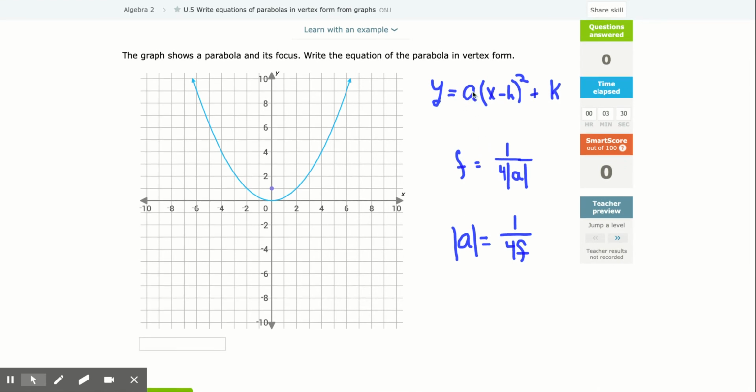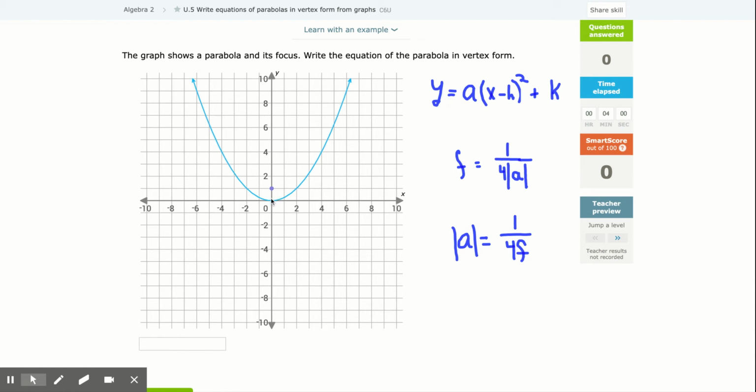In the last lesson we learned that the distance between the vertex and its focal point, that focal length, which I designate with an f, is equal to 1 divided by 4 times the absolute value of a. I can rearrange this formula by solving for a, bringing the a up and the f down. In other words, the absolute value of a is equal to 1 divided by 4 times the focal length.